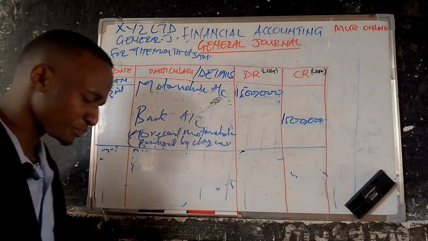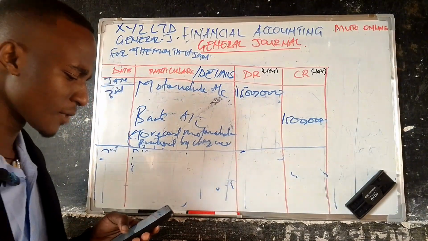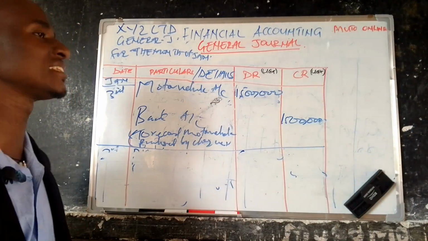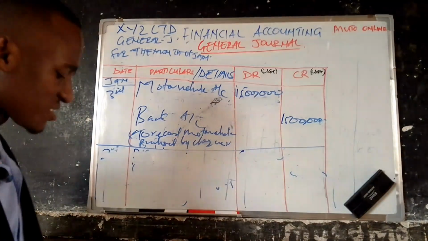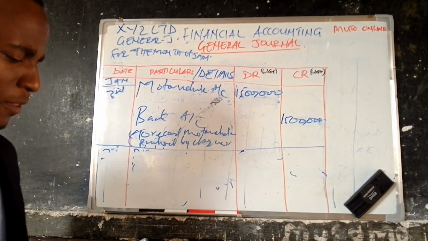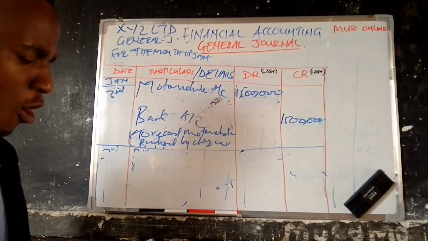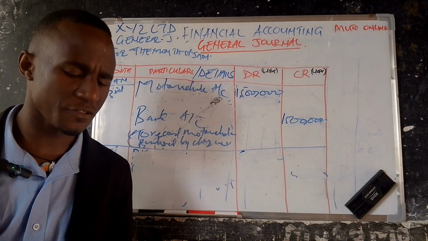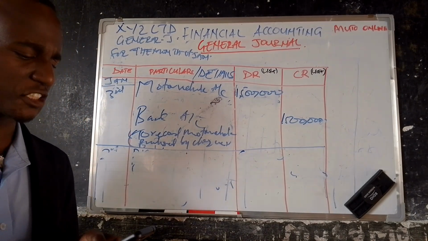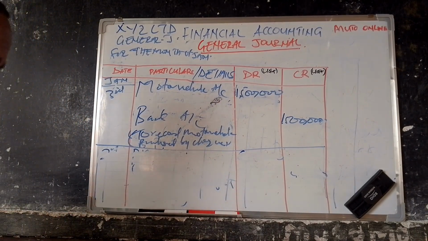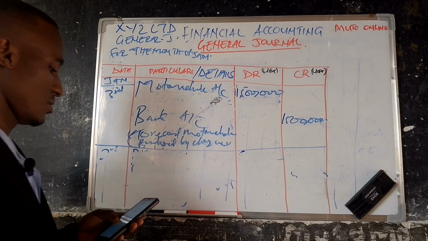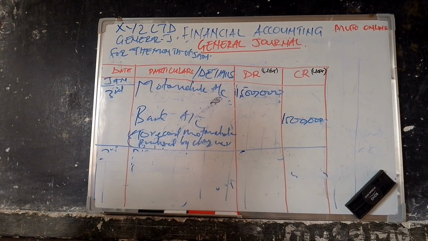And here, on 7th of January, because that is how this transaction was recorded: on 7th of January, Jane sold the goods for 300,000 Ugandan shillings cash.